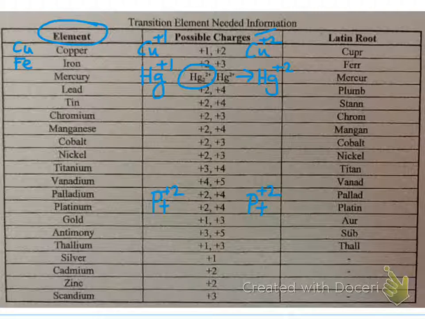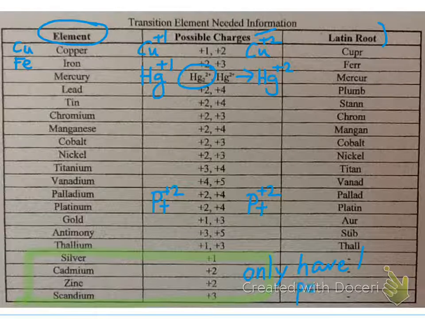Over here, because one of our naming systems that we're going to talk about in just a few minutes uses Latin roots, I've given you the Latin roots. What is important to notice is that these 4 down here at the bottom do not have more than one possible charge.